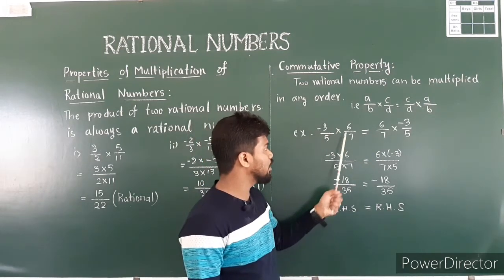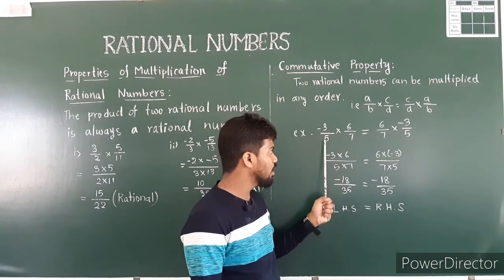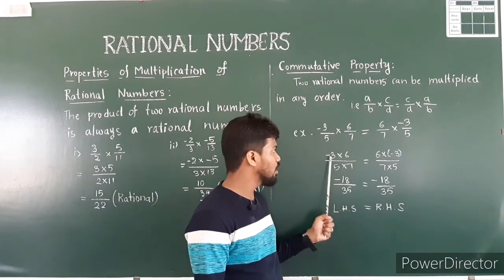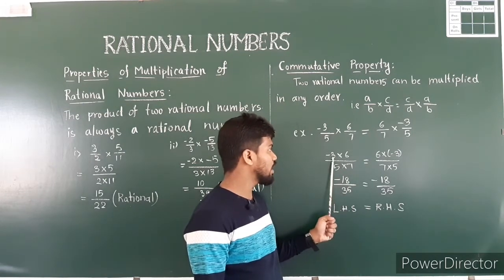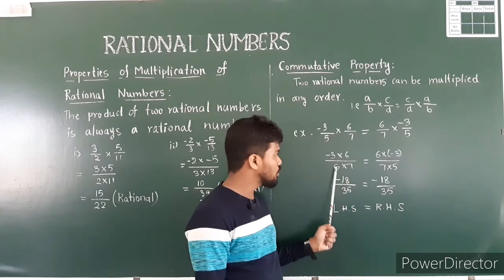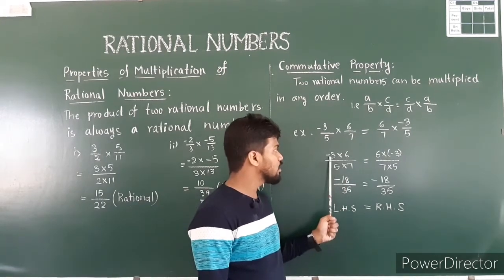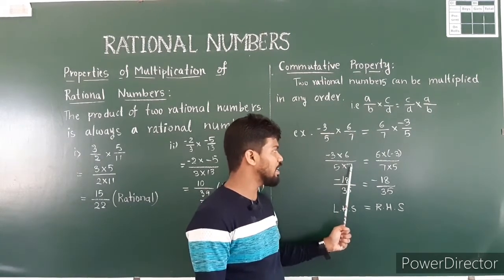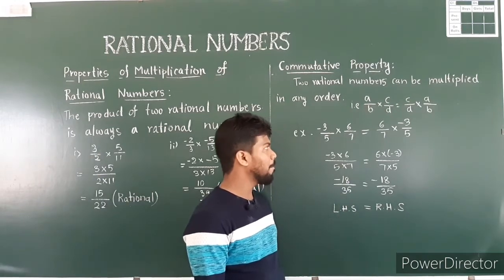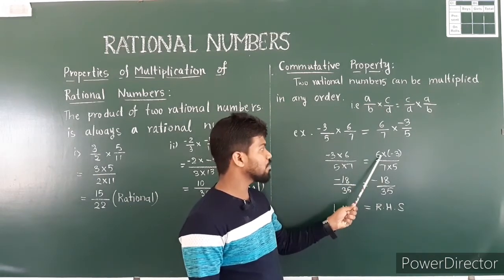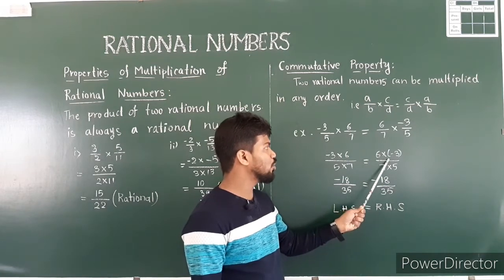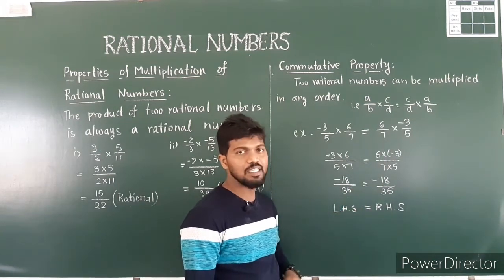So minus 3 into 6, multiply the numerator first, and denominator 5 into 7. So 3 6s are 18, and the negative sign stays as it is. So minus, and 5 7s are 35. Now you see the RHS, 6 into minus 3.